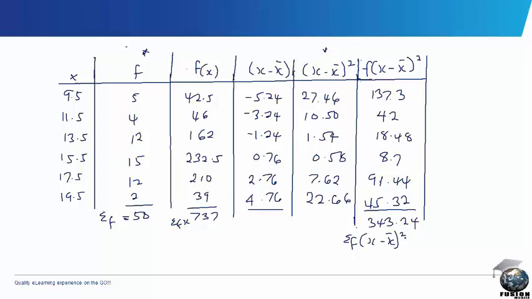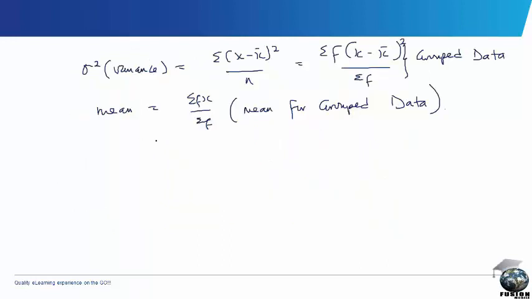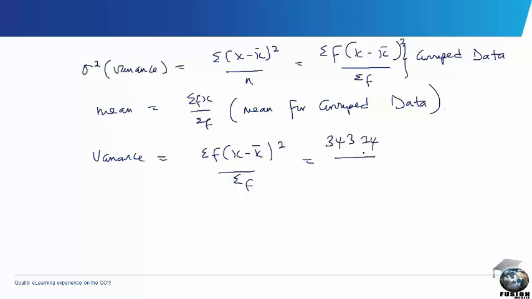Now we can determine the variance of the grouped data: the numerator, 343.24, all over summation f, which is 50.